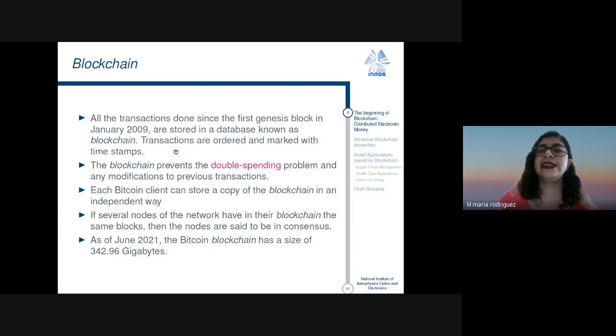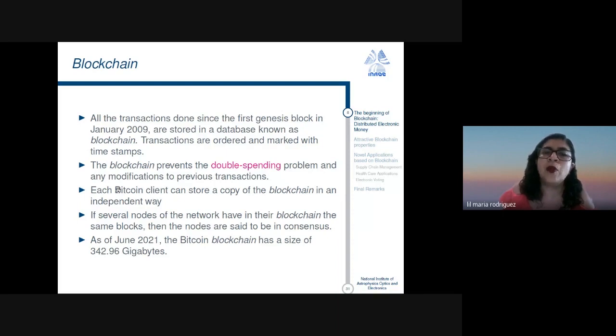So every Bitcoin transaction is recorded in this database, and we call this database the blockchain. The blockchain has very nice properties and prevents the double spending problem and any modifications to previous transactions. The double spending problem is basically that I might want to spend a coin twice. So the blockchain prevents this from being done.